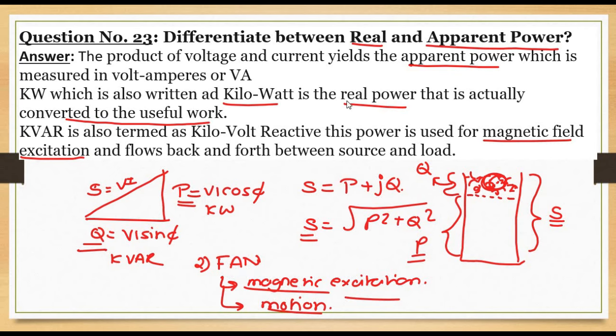So the real power is that power which is actually converted into useful work, and reactive power is generally used for magnetic field excitation, and apparent power is the combination of reactive and active power.